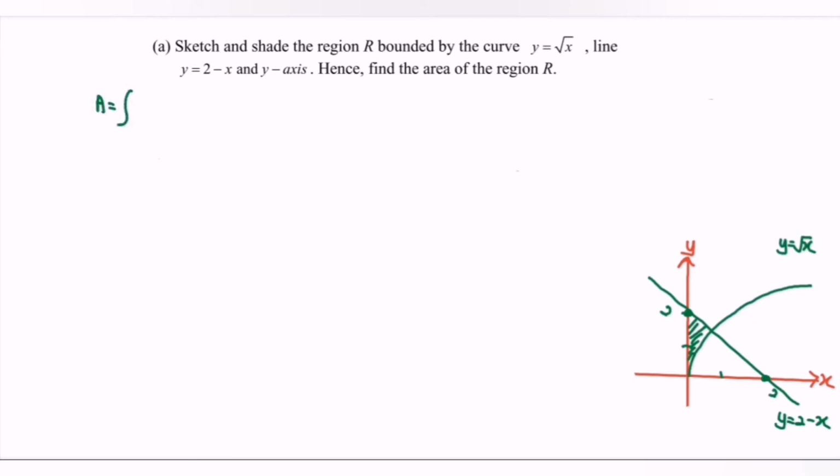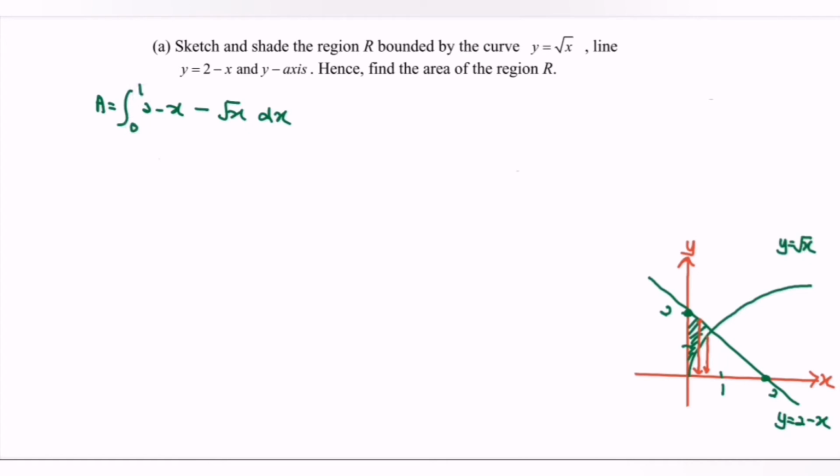My decision is to integrate with respect to x. So we have to draw a line. From here to this part we have the longest, next one we have the shortest. So the straight line minus the curve. So the function would be 2 minus x minus the square root of x with respect to x for the limits 0 until 1.